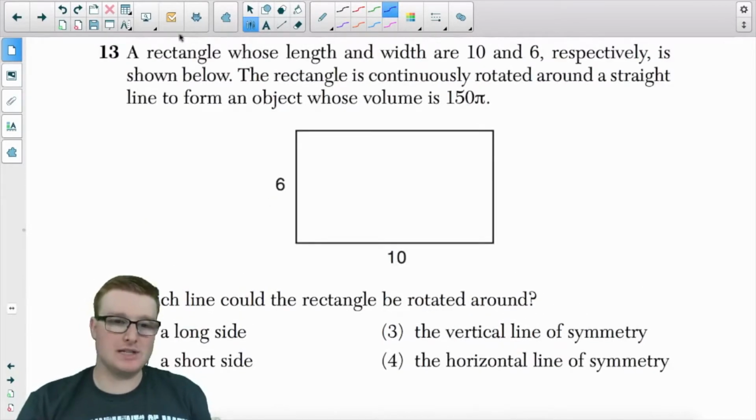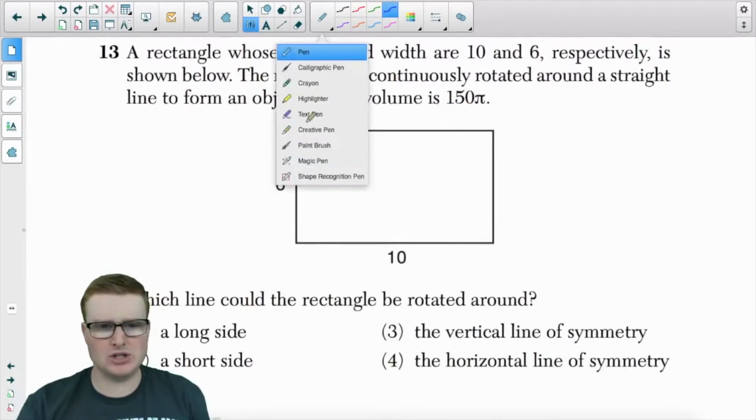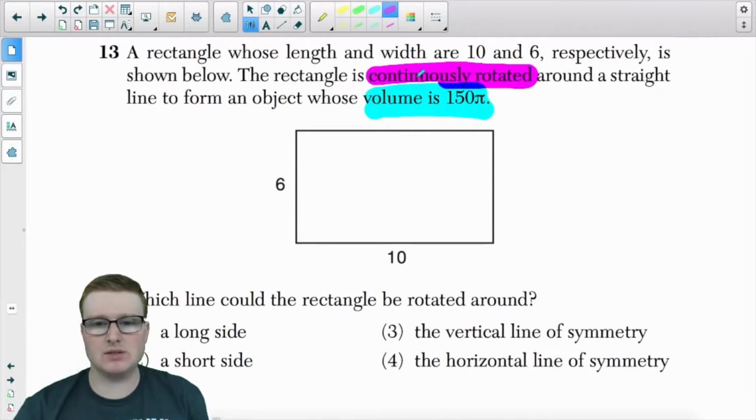Now, the key words here that I see very quickly, which should be important to you as well, are volume is 150 pi and continuously rotated about one of its straight lines.